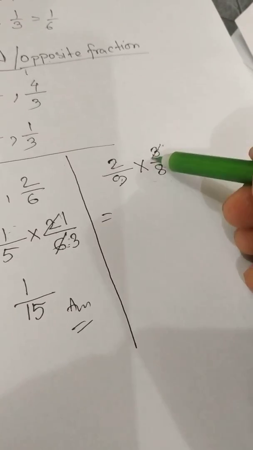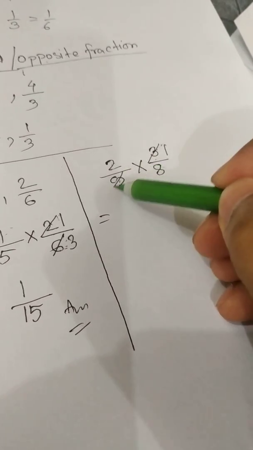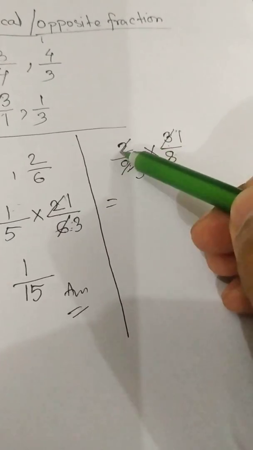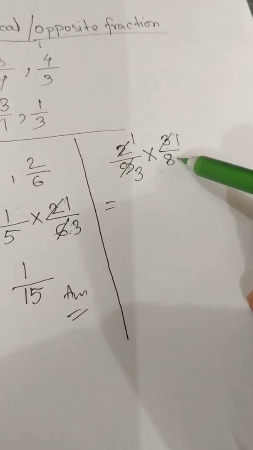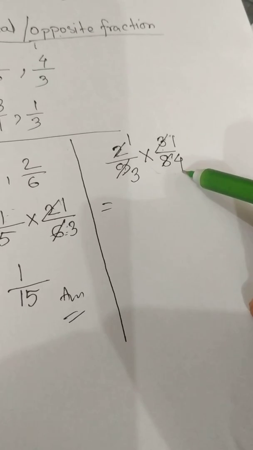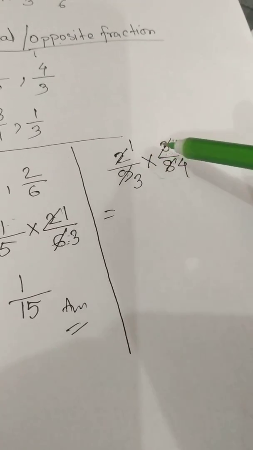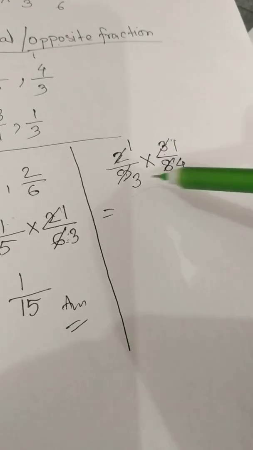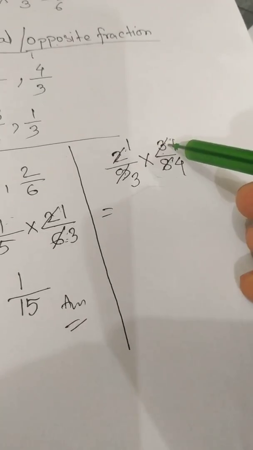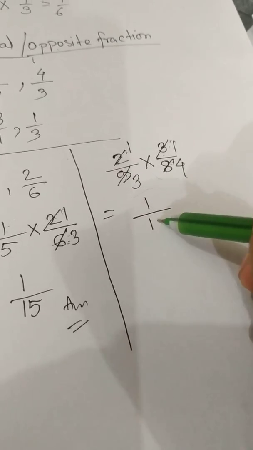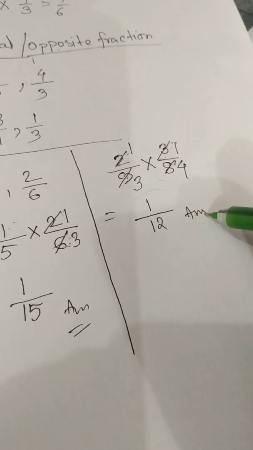So 3 ones are 3, 3 threes are 9. Similarly, 2 ones are 2, 2 fours are 8. Now we just multiply in the normal way. So 1 into 1 is 1, 3 into 4 is 12. So the answer is 1 by 12.